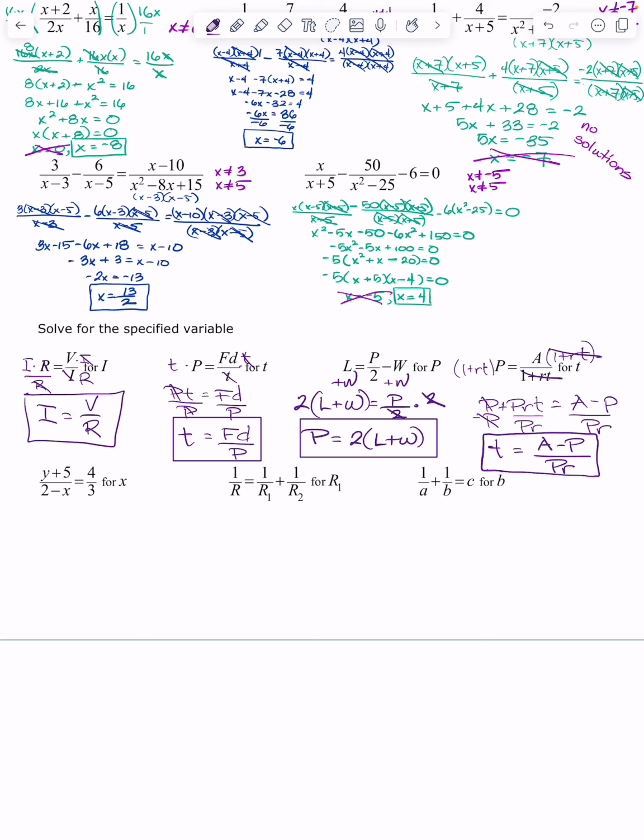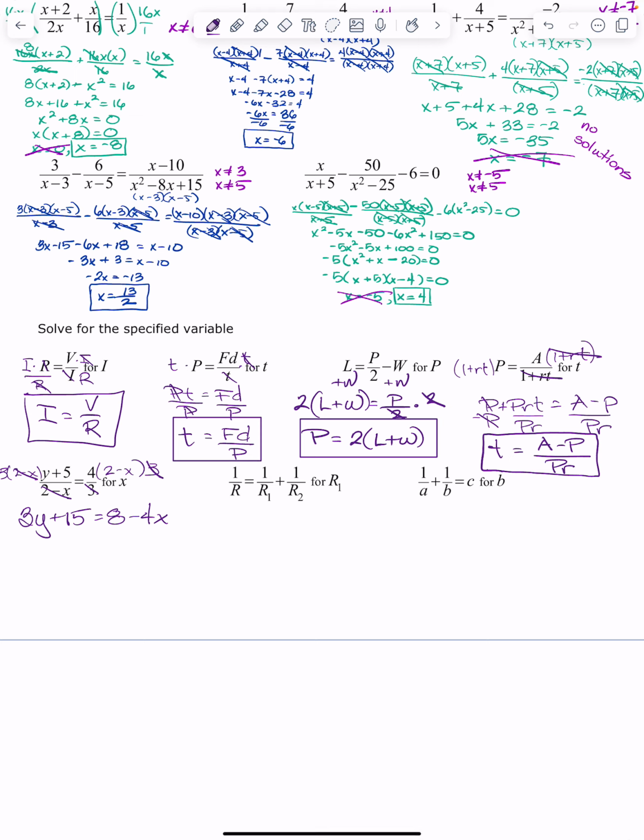Okie doke. I am going to start by clearing both denominators here, 2 minus x, 2 minus x. Also going to cram the 3 in there, so I got both pieces at the same time. We want to solve for x, which means I want x by itself.